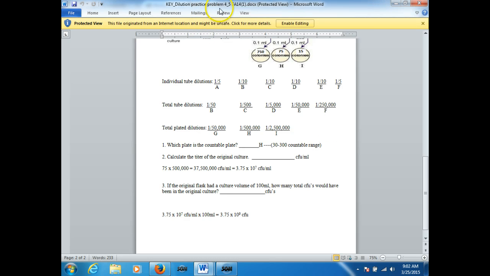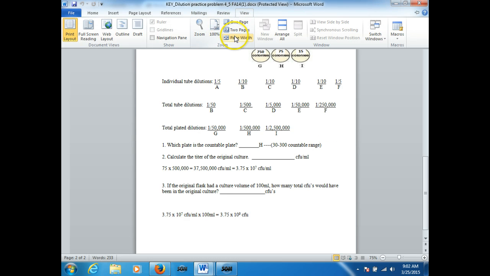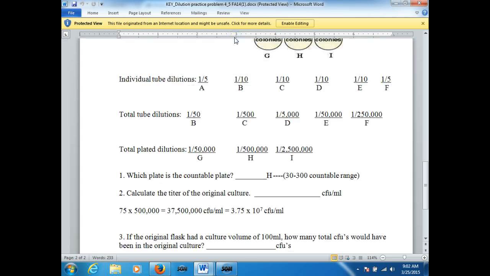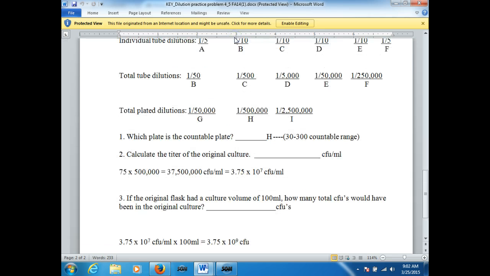Let me make it bigger. This is example 5. The answer for the 10 to the 9, you need that.